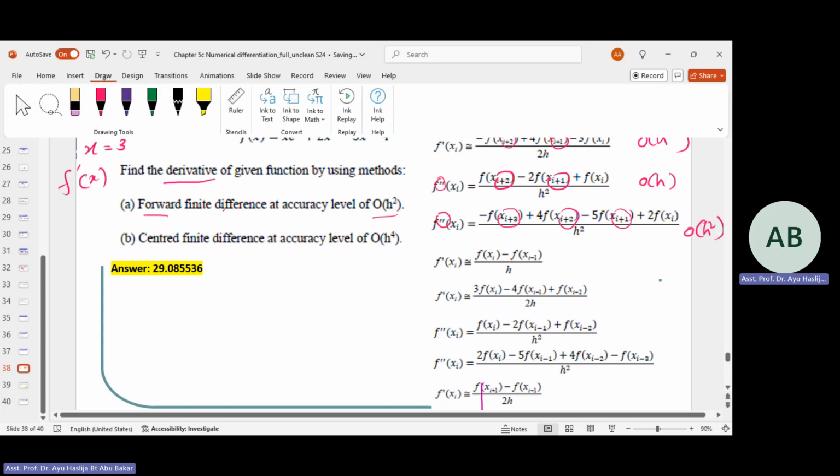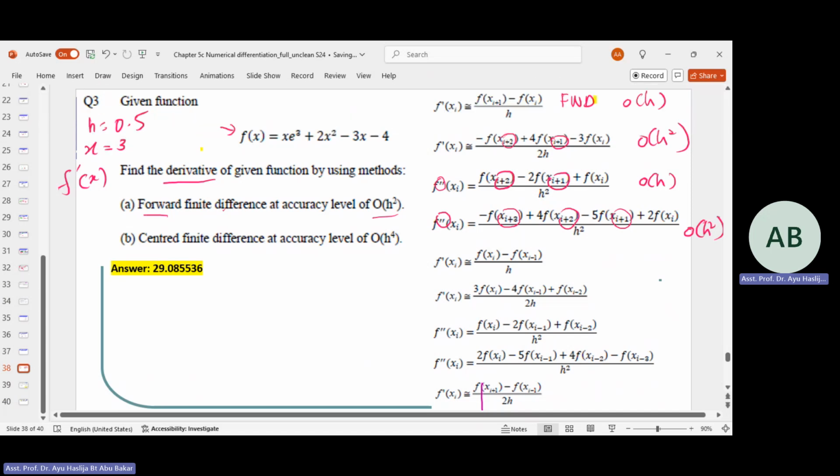If it doesn't mention, you can choose. But if it mentions, you should follow the instruction. This question didn't mention.